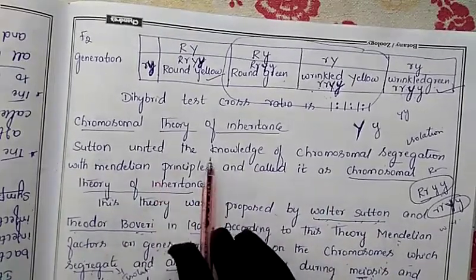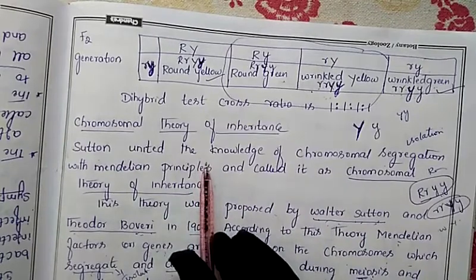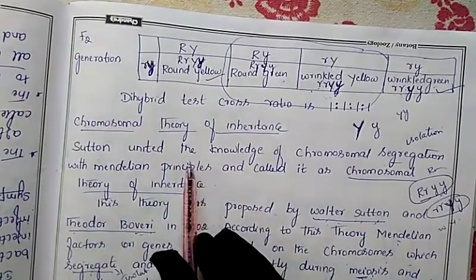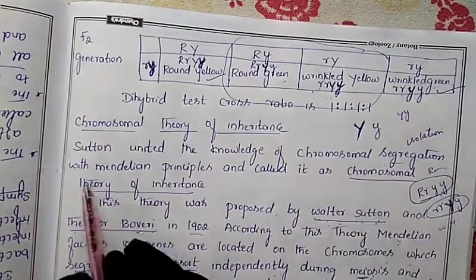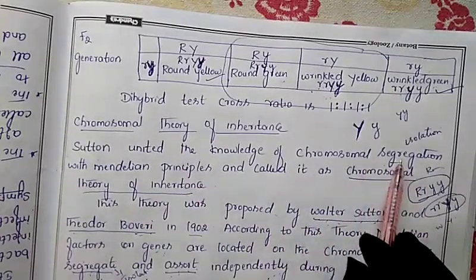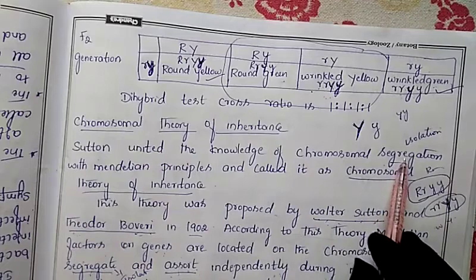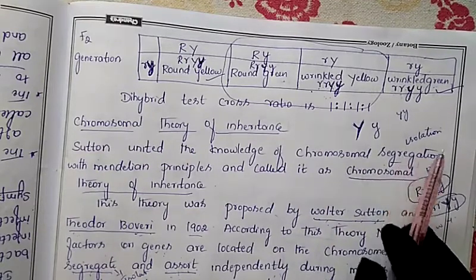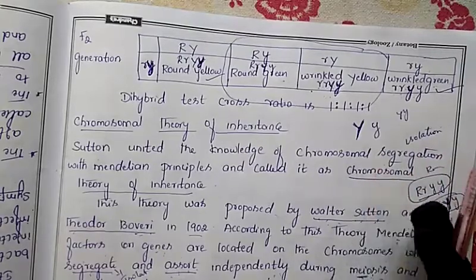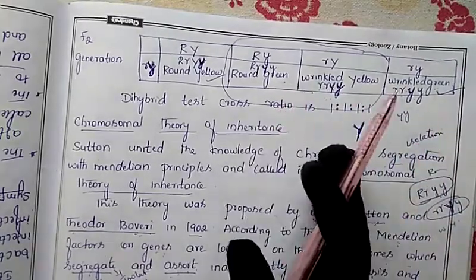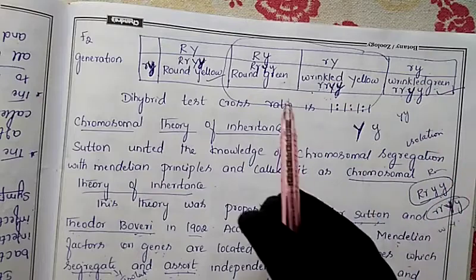Sutton united, meaning he collected the knowledge of the chromosomes and segregation with Mendel's principles. We have just done segregation and assortment. Segregation means isolated. Whenever the parents' characters come, all the genes get separated, and after separation they assort with each other.